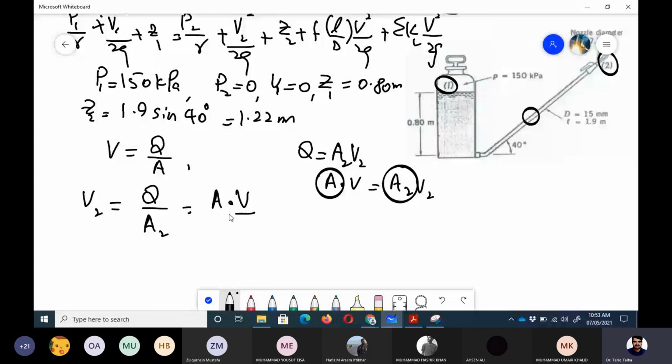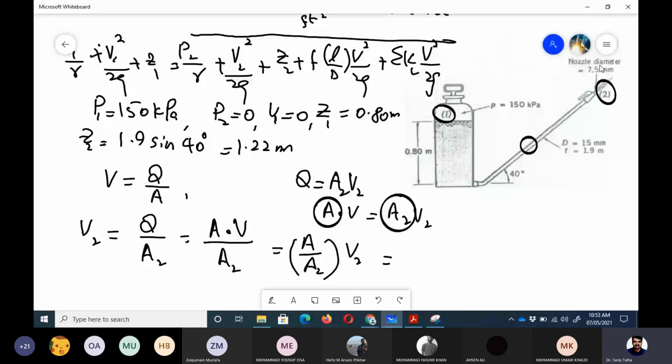Because V is the velocity which is not known to us, we can write it as A upon A2 into V2. Now area, we know, is pi by 4 d square, and A2 would be pi by 4 into 7.5 divided by 1000 square.